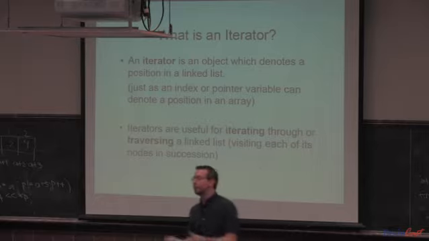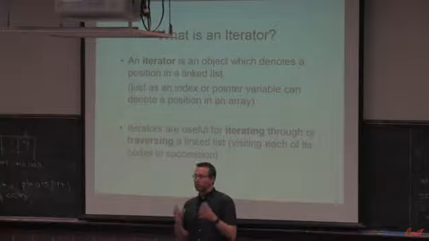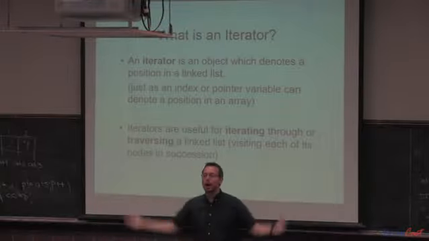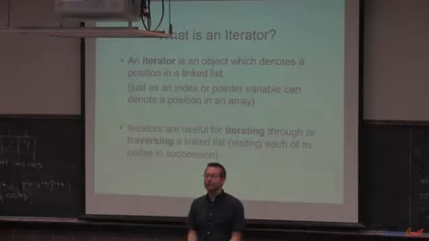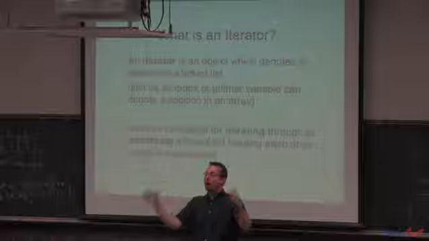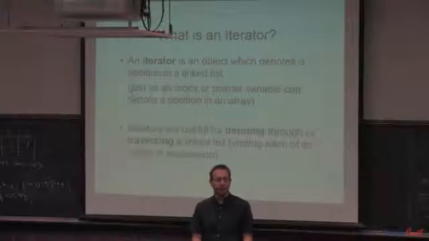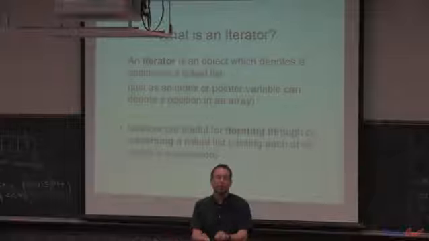We don't want to have pointers move all over the place. We want a way to take a pointer to a node and wrap it around an object. And the object is responsible for managing its member data, the pointer variable. So each iterator is an object, which is a generalized pointer. It's an object that really contains a pointer as a member.